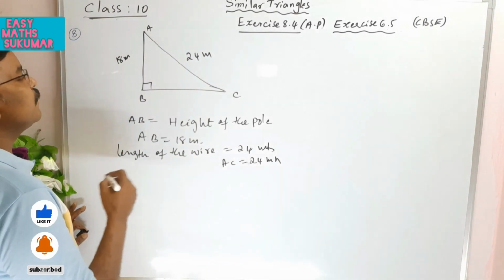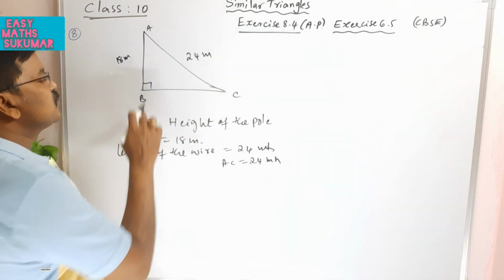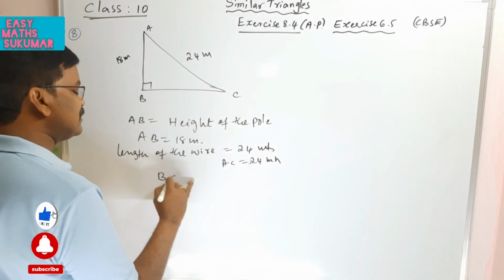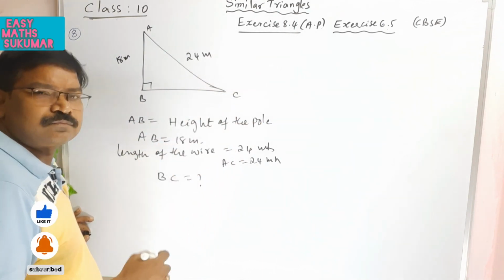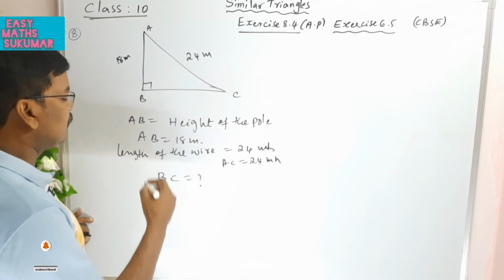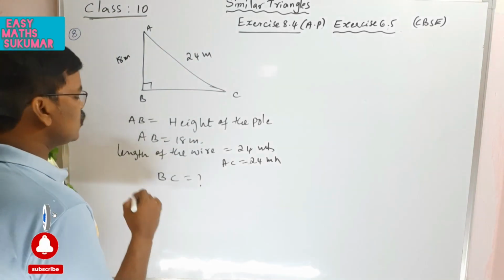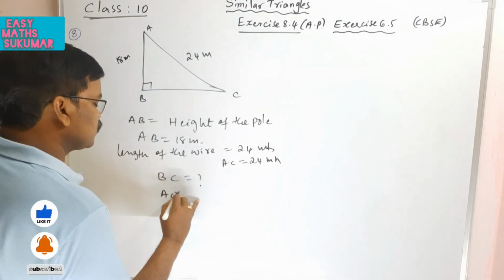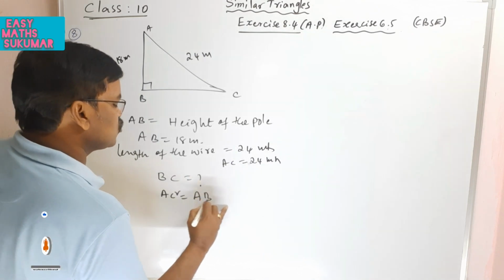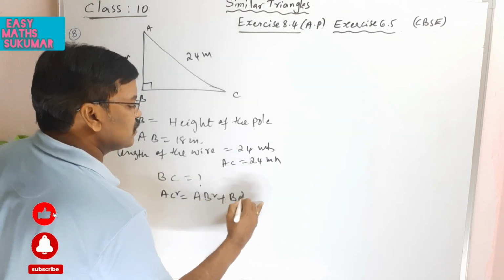See, now we can apply the Pythagoras theorem. We have to find the distance between B and C, how far it is taut. According to Pythagoras theorem, AC is the hypotenuse, so AC square equals AB square plus BC square.